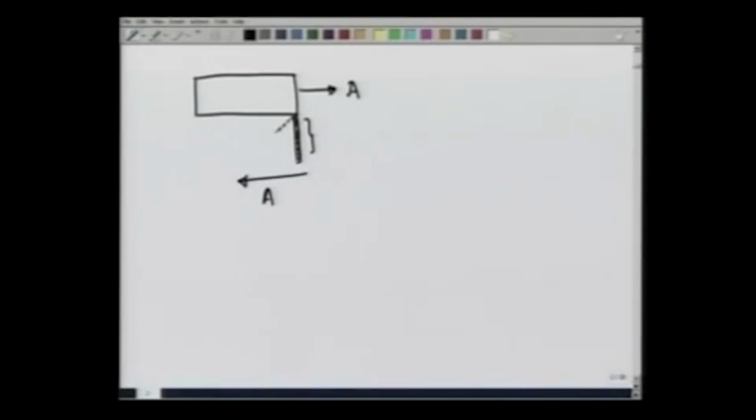By the time the door has swung by an angle theta, its center of mass has come down by this much distance here, and that distance that it has traveled along the direction of minus a is nothing but w over 2 sine of theta.